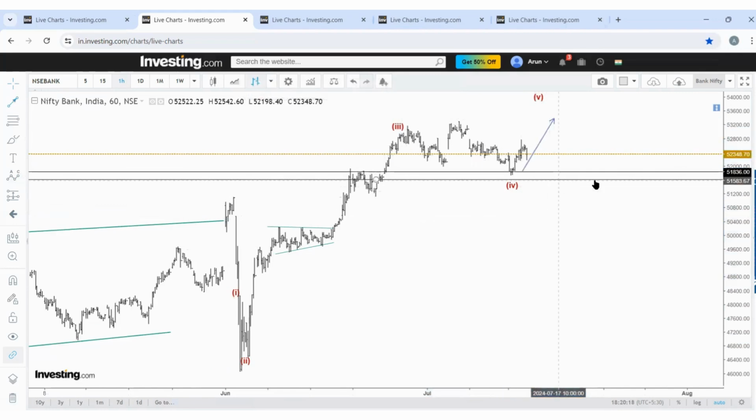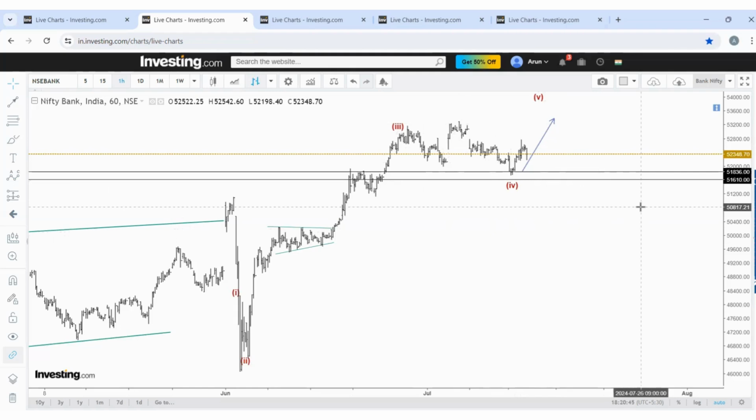So the approach is that Banknifty should cross a minimum of 53,000 with an impulsive wave structure. To confirm, it needs to cross the all-time high. But if it rejects at 53,000 with a 3-wave structure, which is called ABC, then it can be A, B, C.